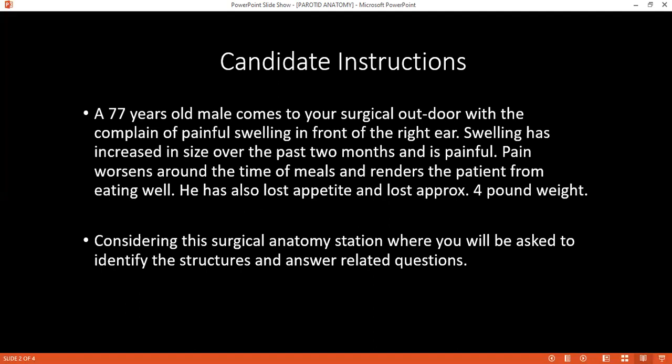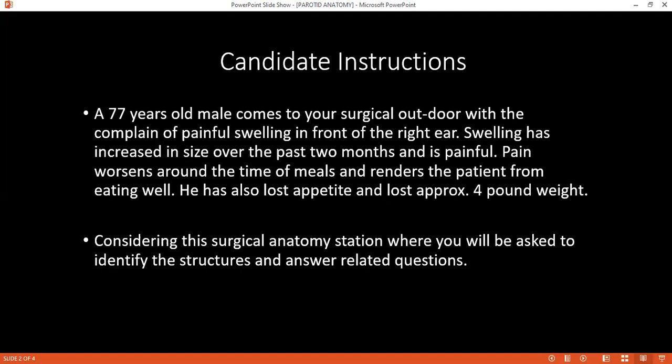It has a lateral surface, an anteromedial surface, a posteromedial surface, and a medial border, anterior border, posterior border, and upper border. Can you name the structures which pass through it? The facial nerve, the external carotid artery and its branches, superficial temporal and maxillary, the auriculotemporal nerve and deep parotid lymph nodes.